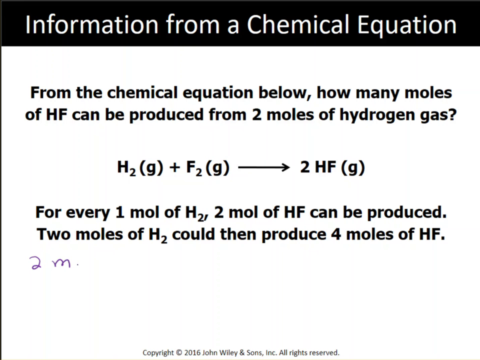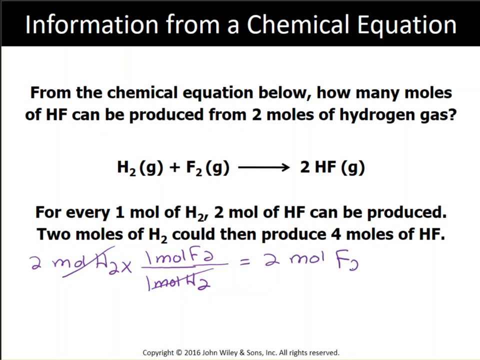So I would say 2 moles of hydrogen, and based on the balancing coefficients, I know that each mole of H2 needs 1 mole of F2. So moles of H2 cancel out. This tells me that for 2 moles of hydrogen gas, I would need 2 moles of fluorine gas as well. So we know exactly the amount of reactants that we need.